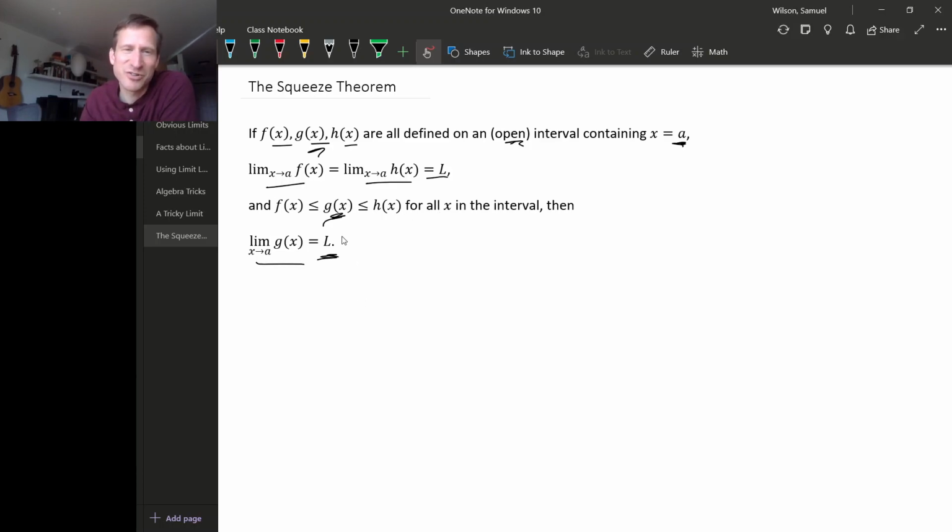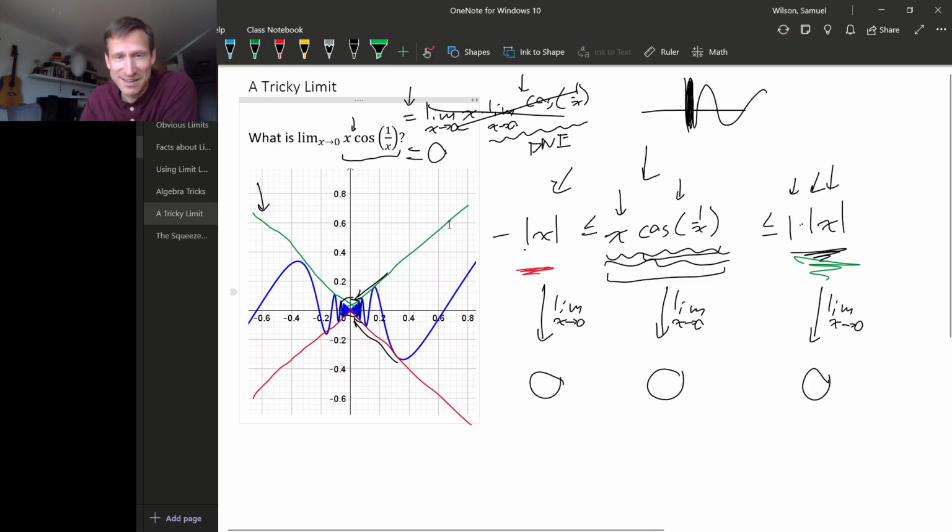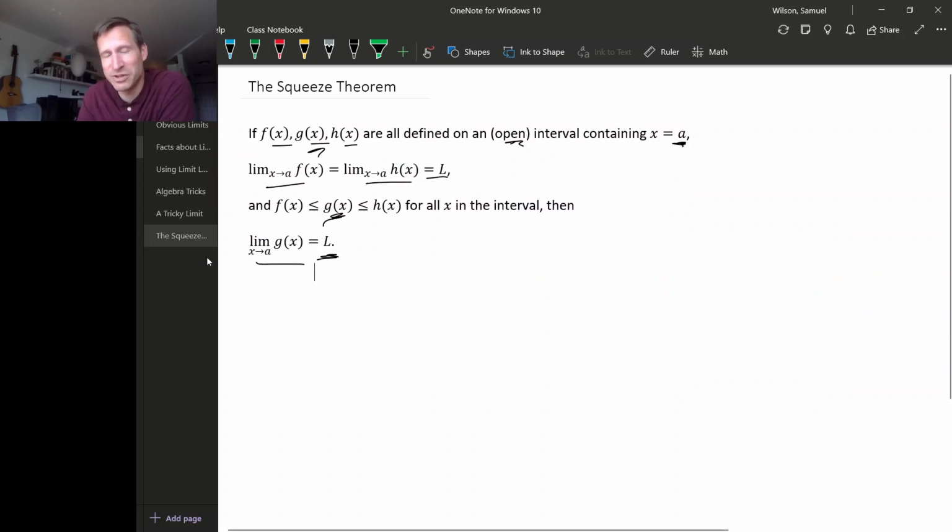You can see this is just a symbol-heavy version of what we just said with this example. We have one function trapped between two outside functions. The outside functions have the same limit, and so the middle function has to also have the same limit. That's called the squeeze theorem.